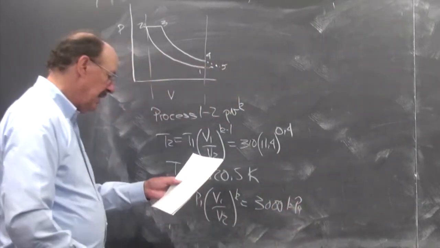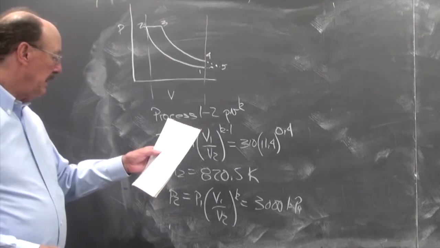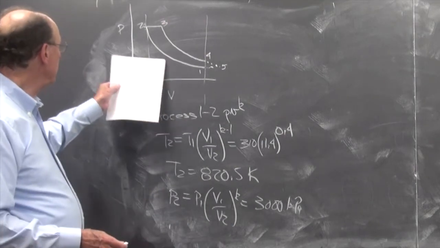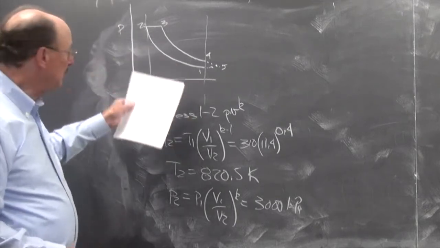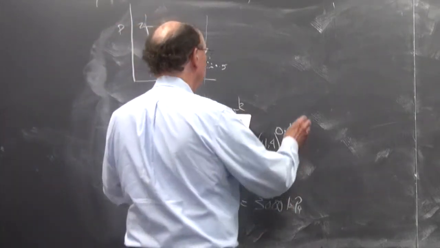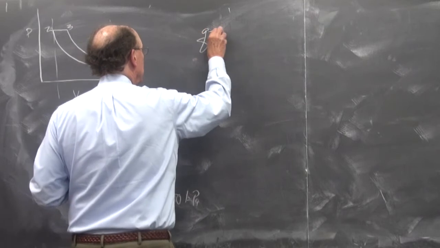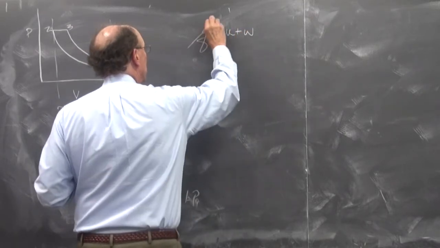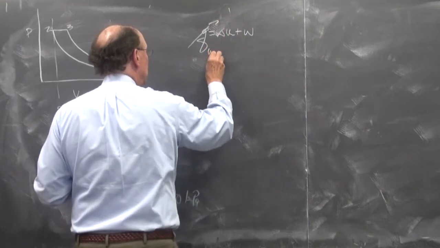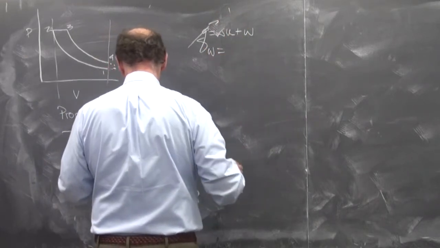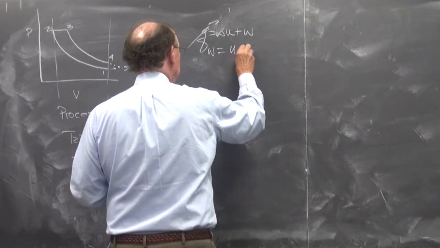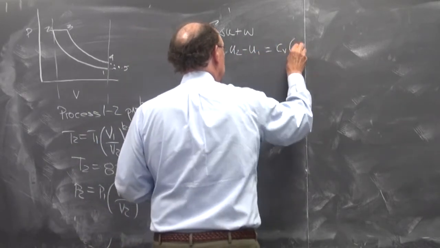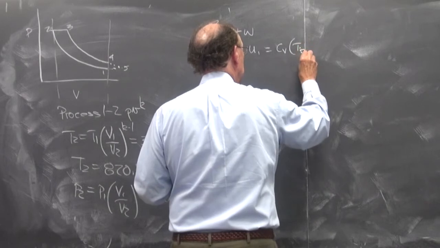That was silly. And now we're going to look at the work from 1 to 2. So Q12, Q is equal to delta U plus W. And from 1 to 2, Q is 0. So W is equal to U2 minus U1, equal to C sub V times T2 minus T1.